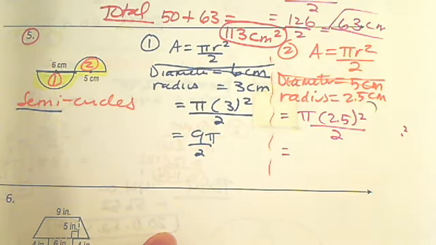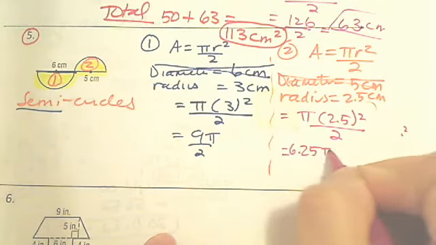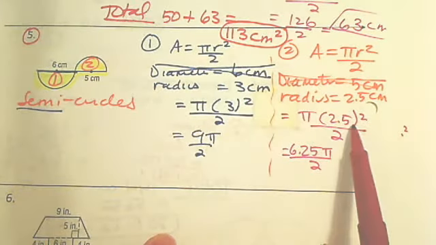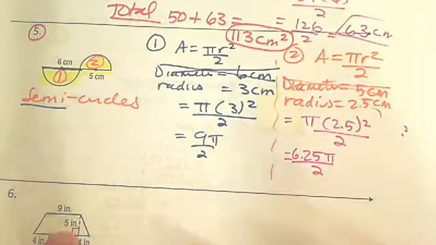What is 2.5 times 2.5? 6.25. 6.25 pi over 2. Now, we found the area for these two shapes.